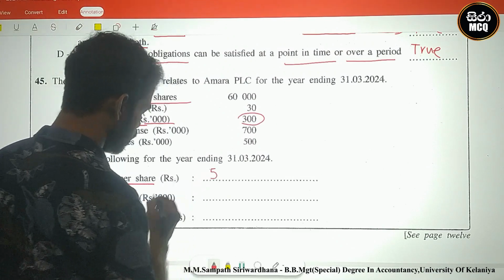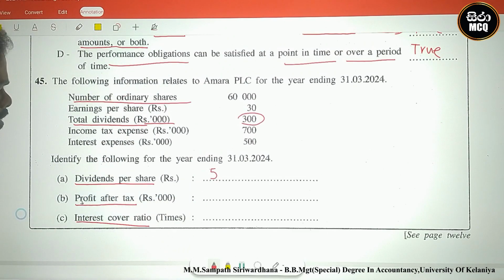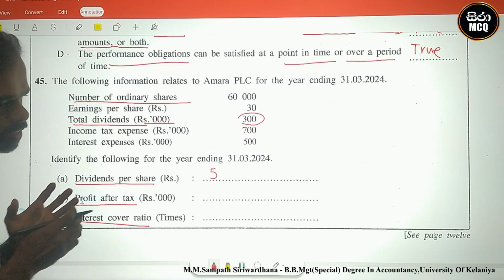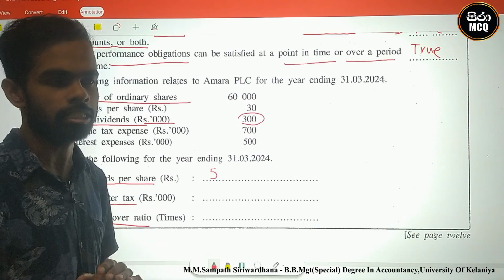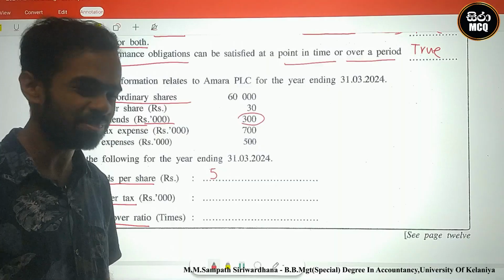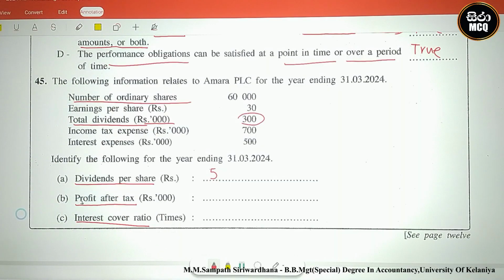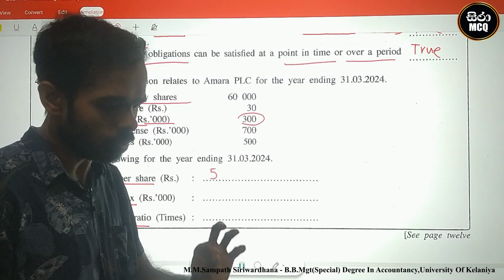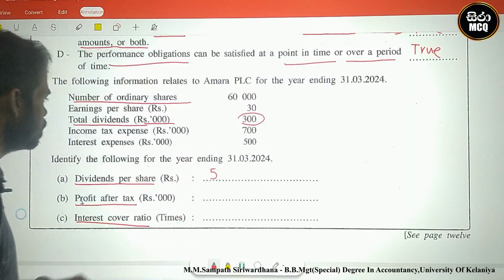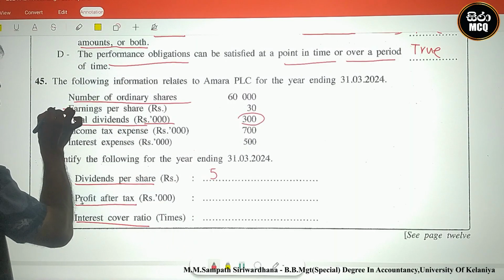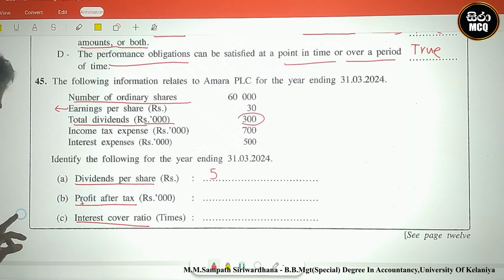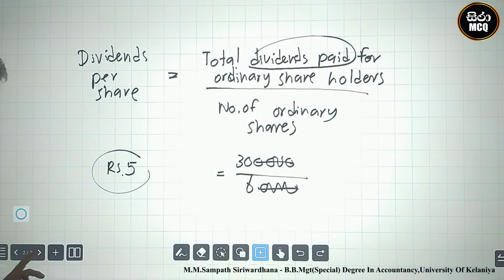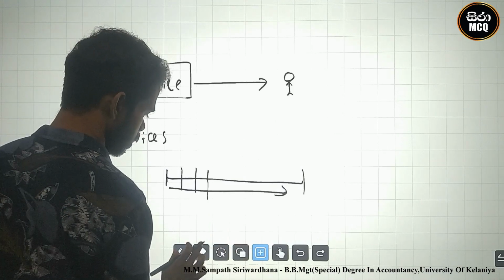Okay, next one, profit after tax. We can calculate it in several ways. We could prepare an income statement, but there is no information about the income statement. The profit after tax means profit for the period, and profit for the period is included in one ratio. Think about earning per share.